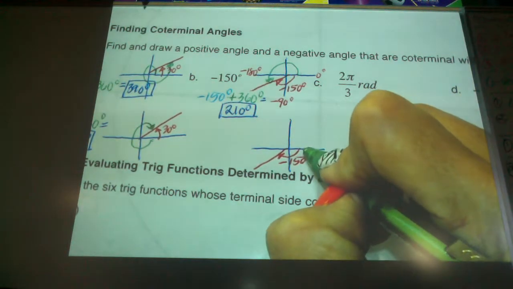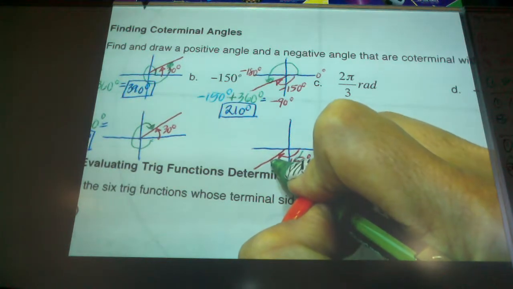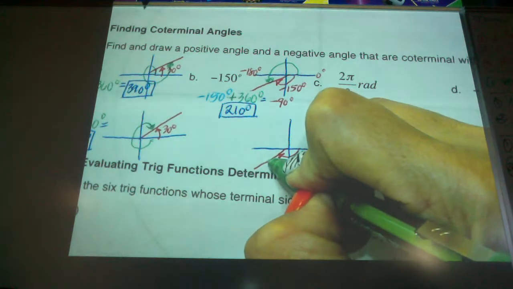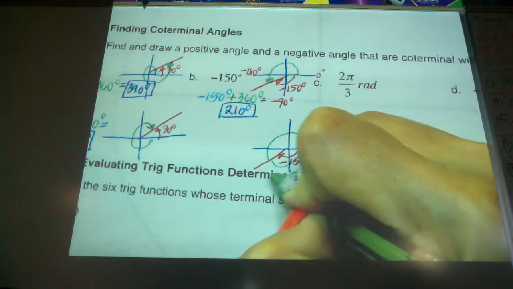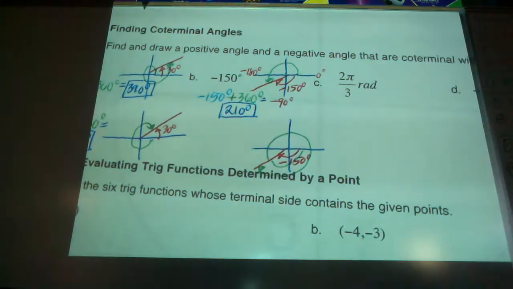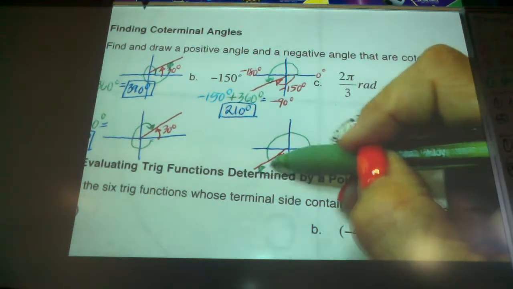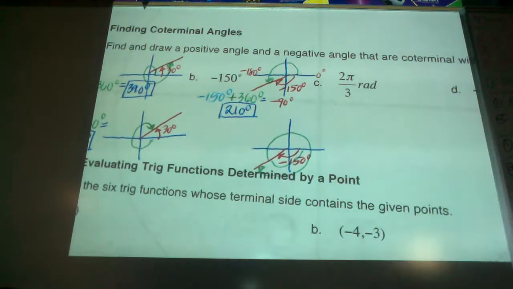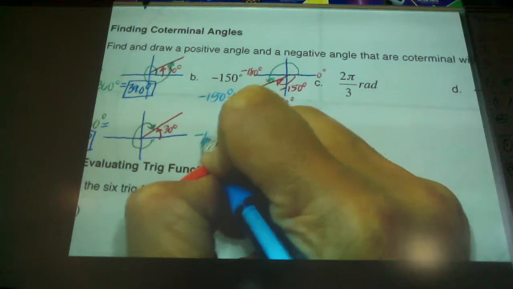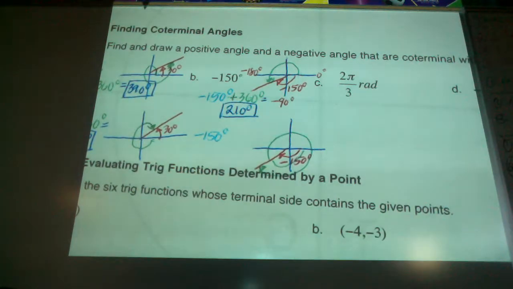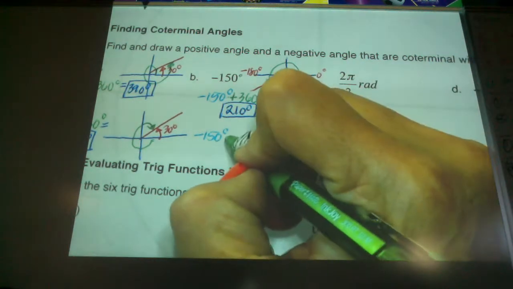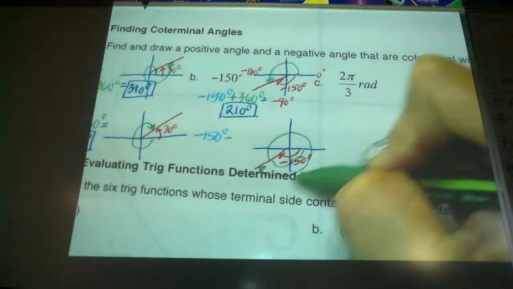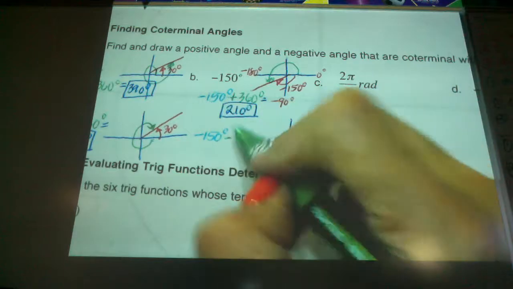So I'm going to travel that negative 150 degrees, but I need to terminate here again, so I have to go all the way around and hit it again. So it looks like a little snail track. So mathematically, I still take the negative 150, but what do I do with my 360 this time? Subtract it. Because I'm making more than a full revolution, I should get more than 360 degrees.